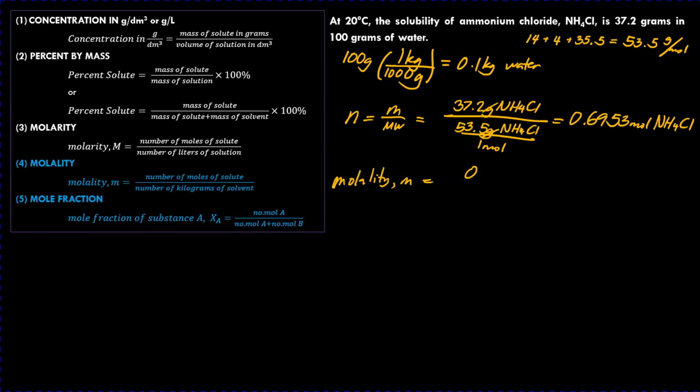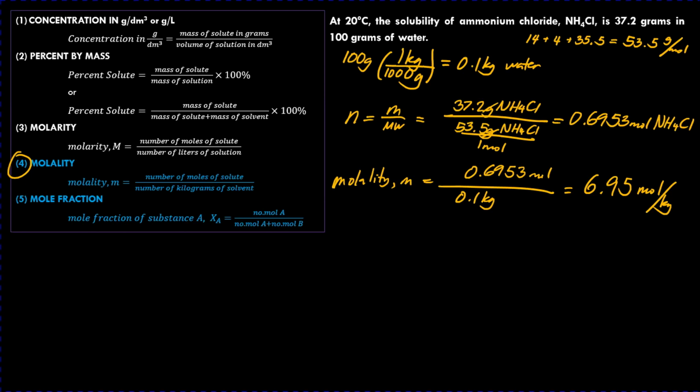So the moles is 0.6953 moles of our solute divided by the kilograms of our solvent. So it's 6.95 moles of the solute divided by the kilograms of the solvent. We're done with number 4.